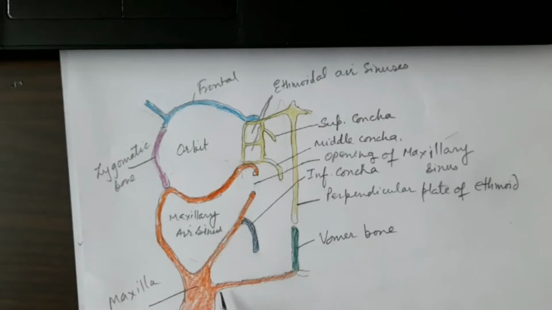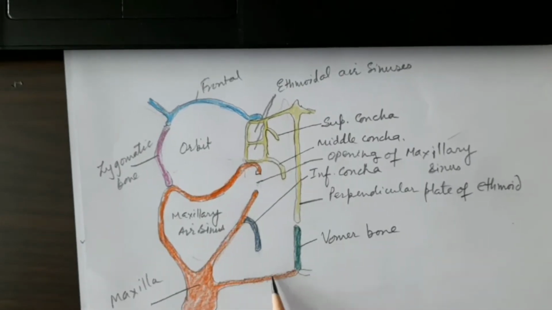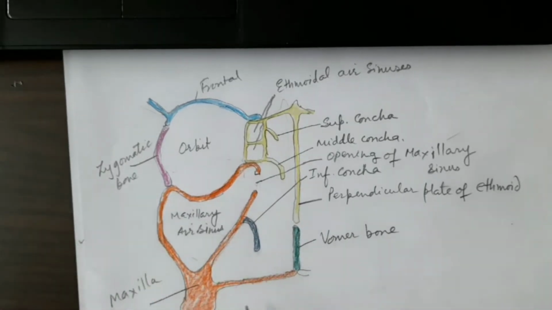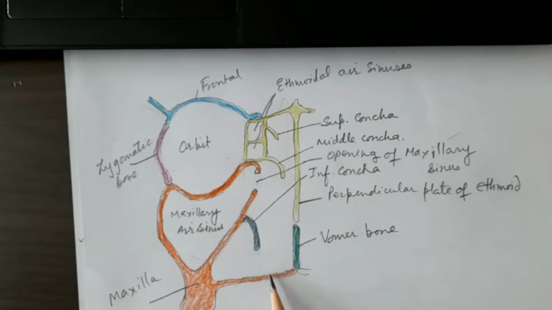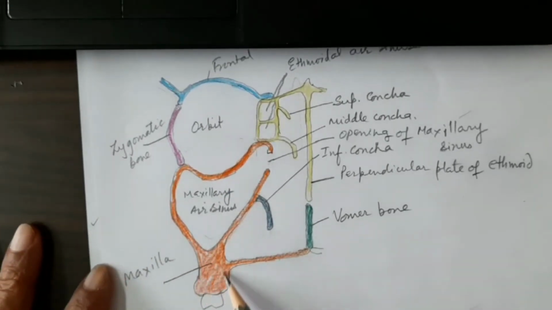So superior and middle nasal conchae are part of the ethmoid, but the inferior nasal concha is a separate bone. The floor of the nasal cavity is formed by the horizontal plate of the palatine bone and the palatine process of maxilla. This is the palatine process of the maxilla. This is the alveolar process of the maxilla because it gives attachment to the teeth.